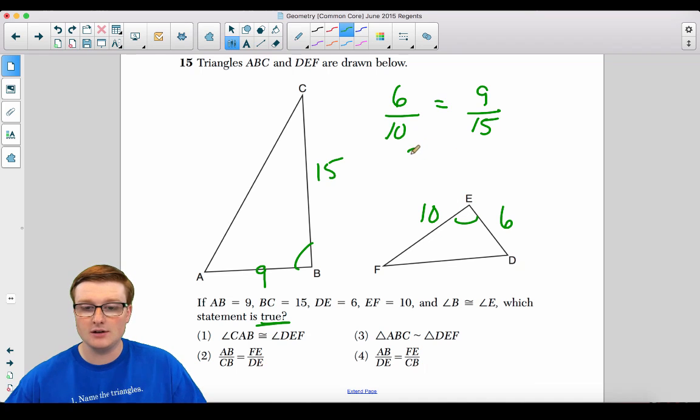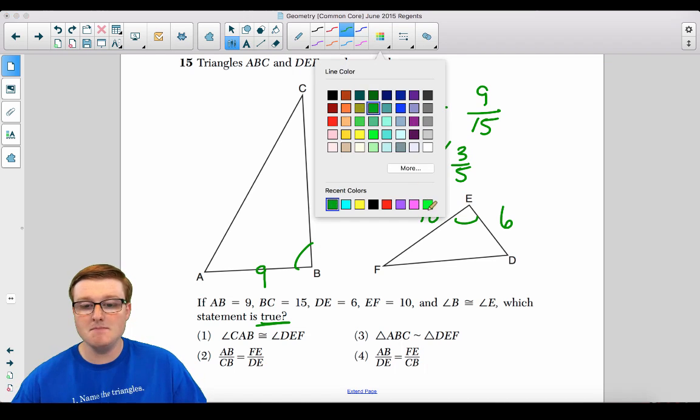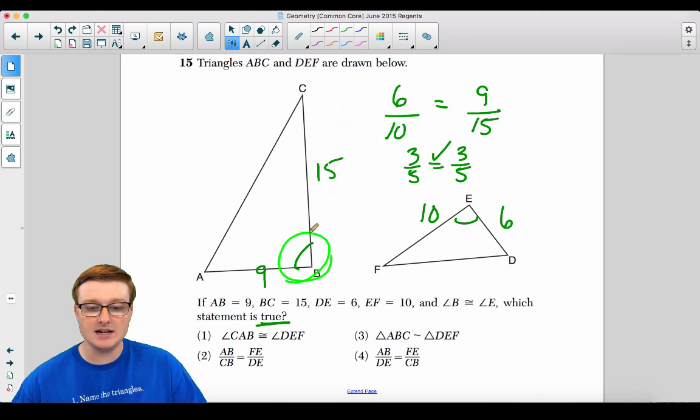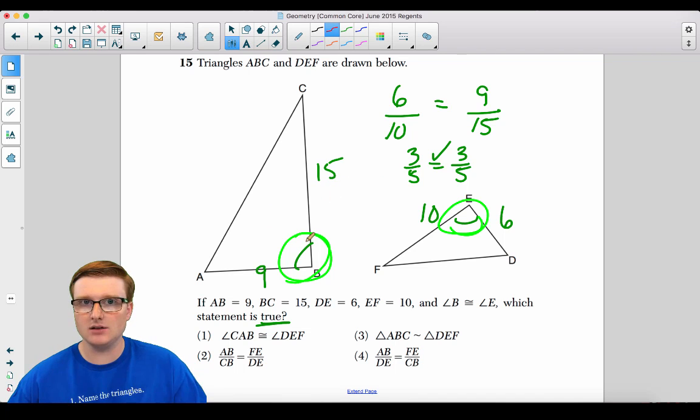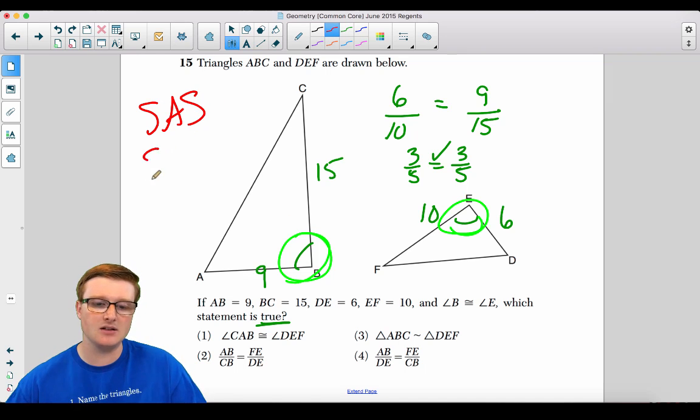So therefore, 3/5 is equal to 3/5. So we're good. Now, this angle in the middle that you see here is what's called an included angle. So if we have two sets of sides that are in proportion, and we have an angle in the middle that is congruent, we can prove these two triangles similar by side-angle-side similarity.